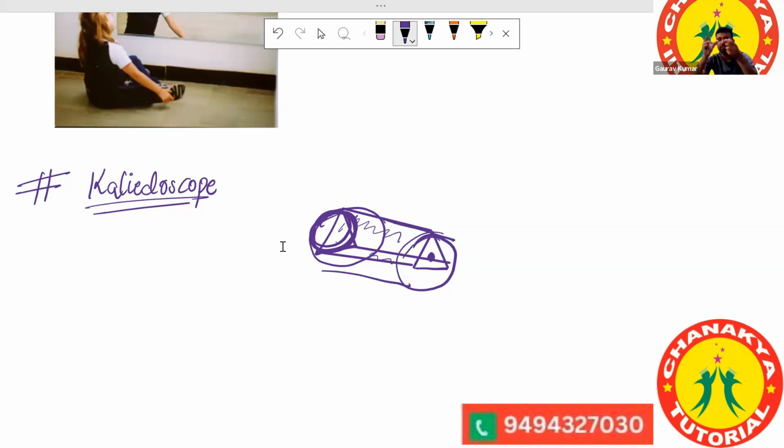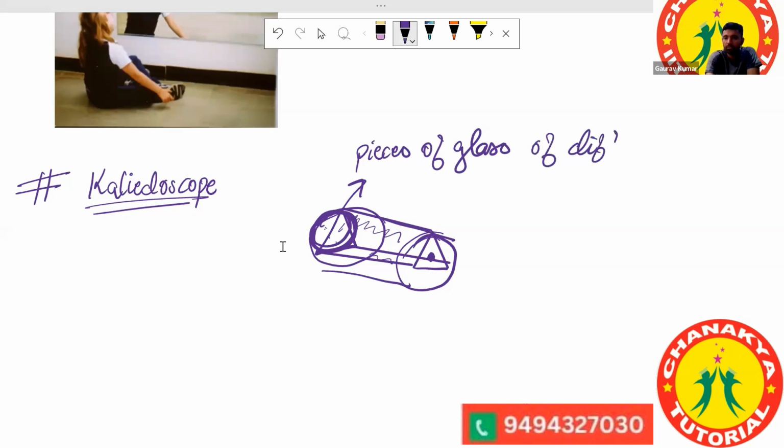You have placed this inside a cylinder made of cardboard, and you have placed some pieces of glass of different color. Tell me if you can imagine what kind of images you will see from this hole.